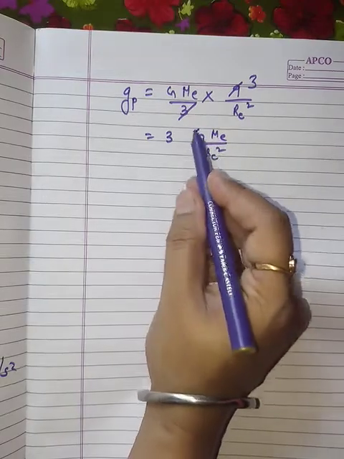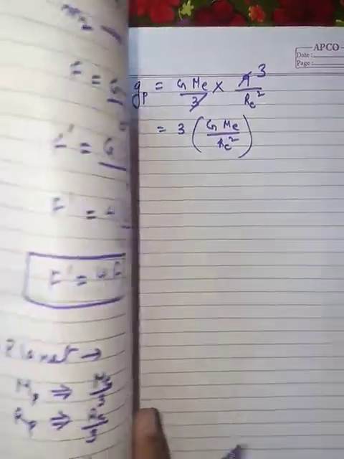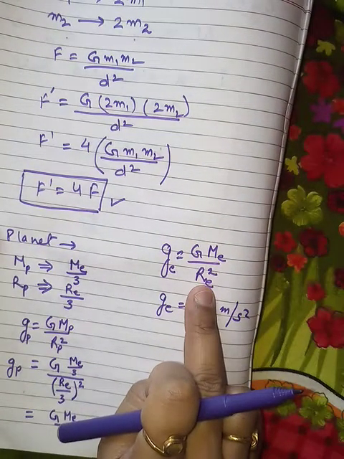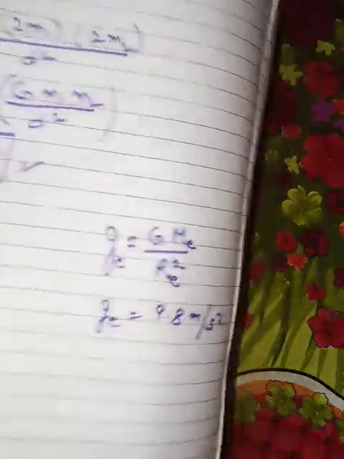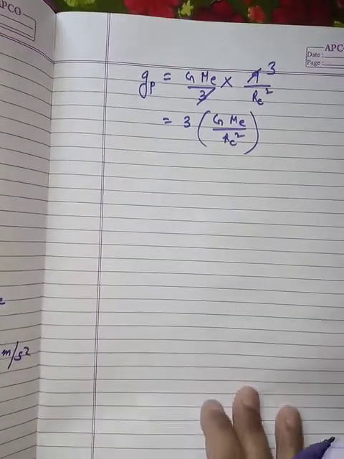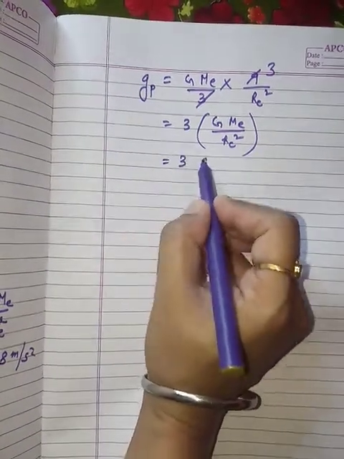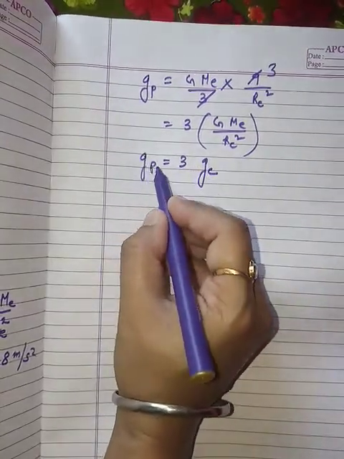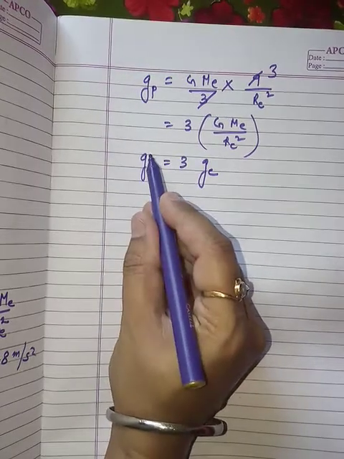So what is this GME divided by RE square? On this previous page I have written GME divided by RE square is actually GE. That means acceleration due to gravity on the surface of earth. So in place of that I can write down, so what will be the acceleration due to gravity of the new planet?